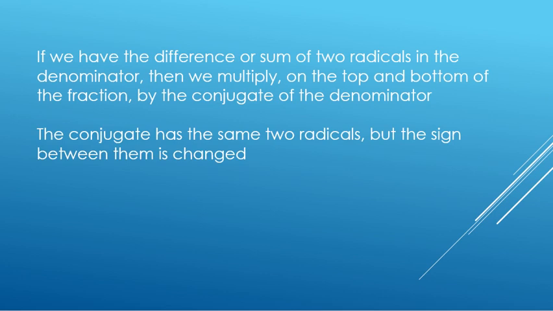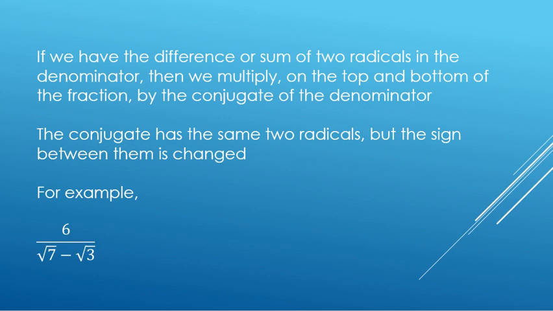So if you are given something that had a minus in the middle, you multiply by the same thing, but the sign in the middle is now plus. If you're given something that had a plus, you multiply the same two things, but with a minus sign in the middle.